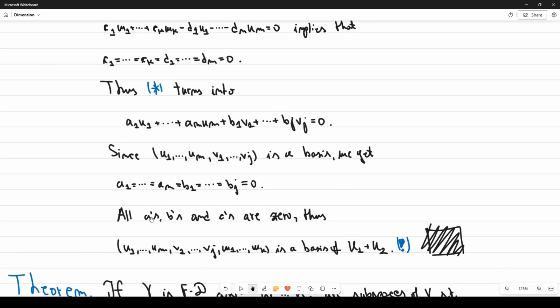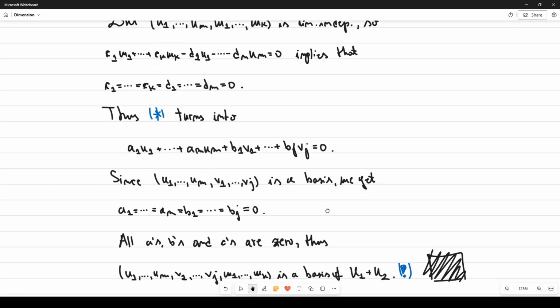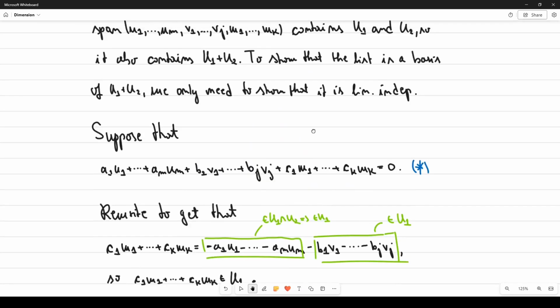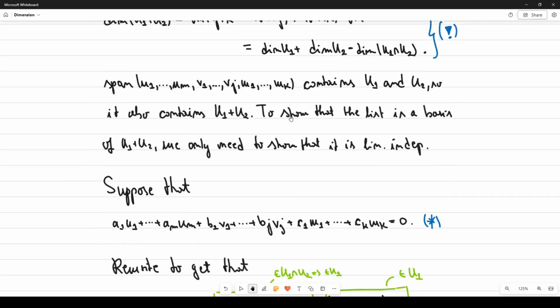And then finally, we've shown that all the A's, all the B's, and all the C's are equal to 0. Thus, this list is a basis of U1 plus U2. Thus completing the proof, since we've shown that this is a basis, and then we have that this holds.